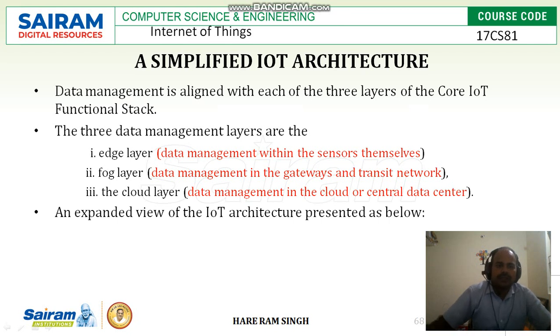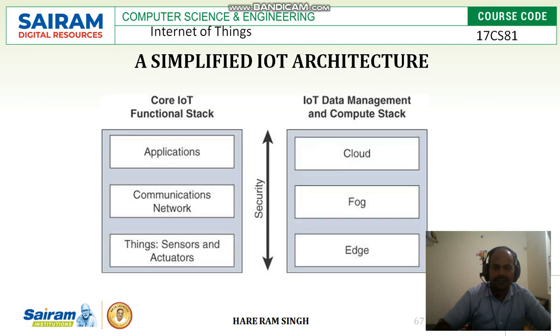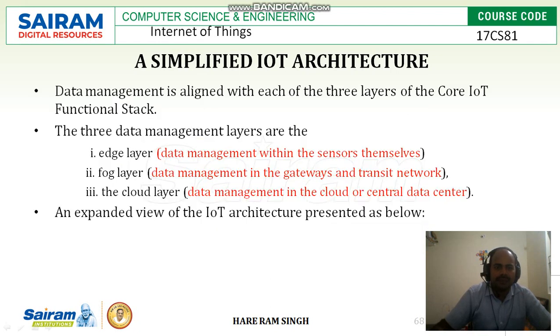Now, first we will talk about the IoT data management and compute stack. Here data management is aligned with each of the three layers of the core IoT functional stack.